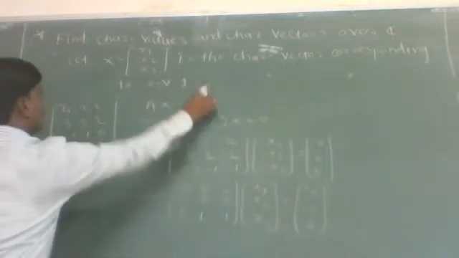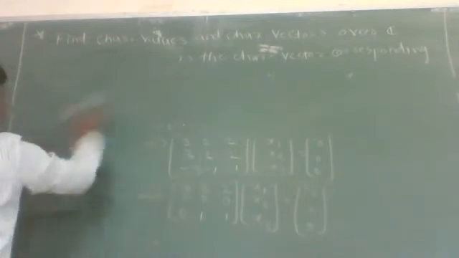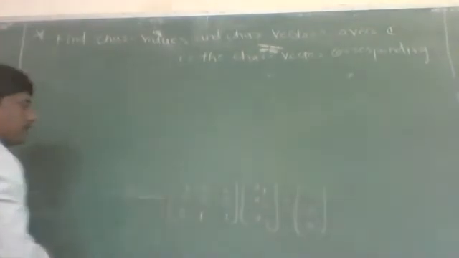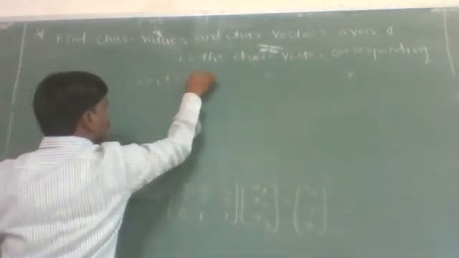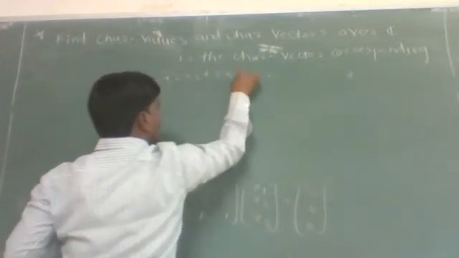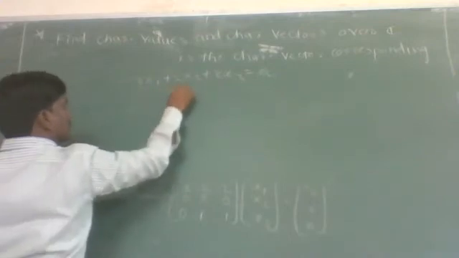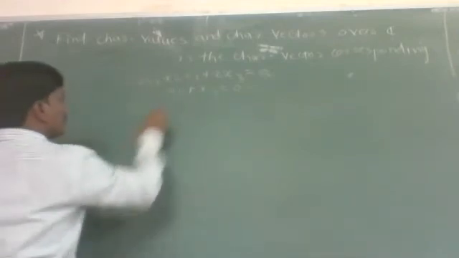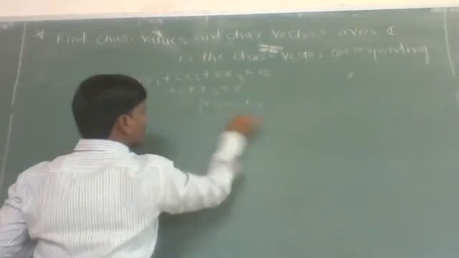So here we get 3x1 plus 2x2 plus 2x3 equal to 0, and x2 plus x3 is equal to 0. As x2 plus x3 is equal to 0, which implies x2 equal to minus x3.